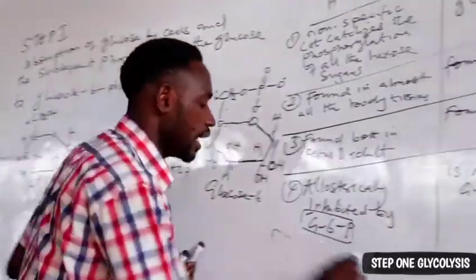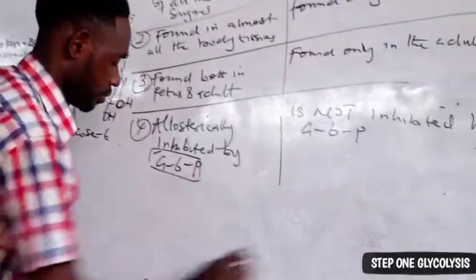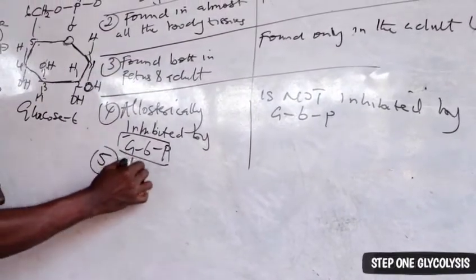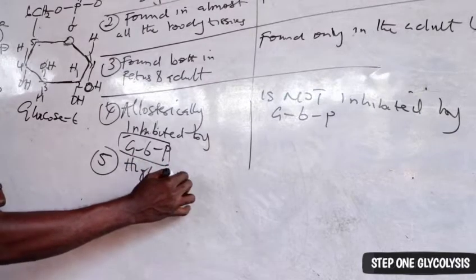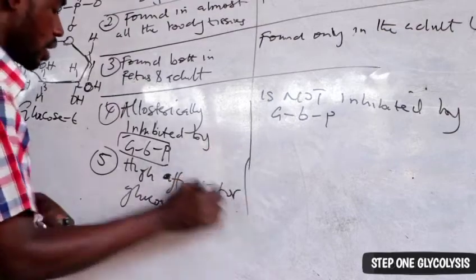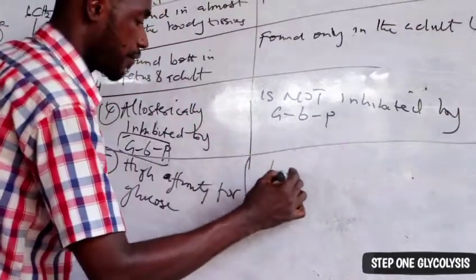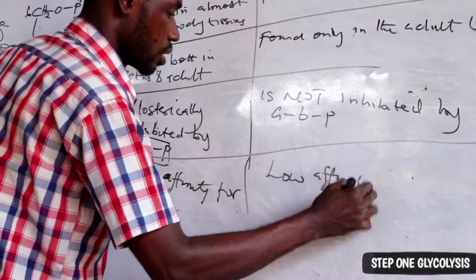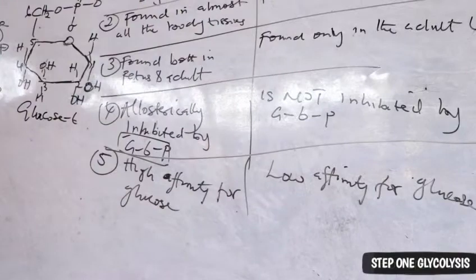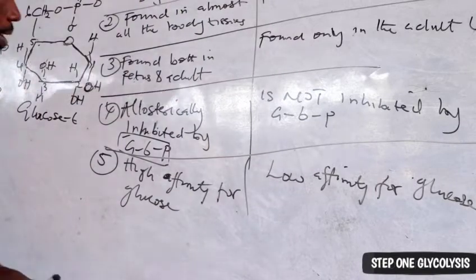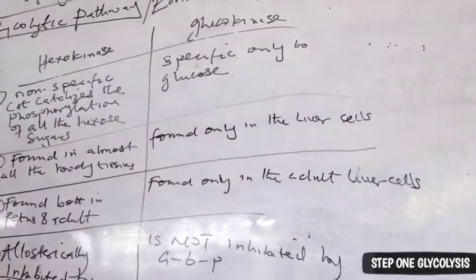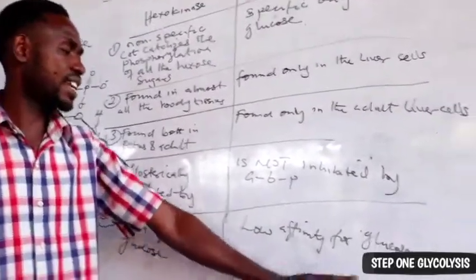Then, another difference between these two is that hexokinase has high affinity for glucose, while this one has low affinity for glucose. Low affinity for glucose means that this enzyme in the liver can only bind to glucose when the blood glucose level is higher than normal.